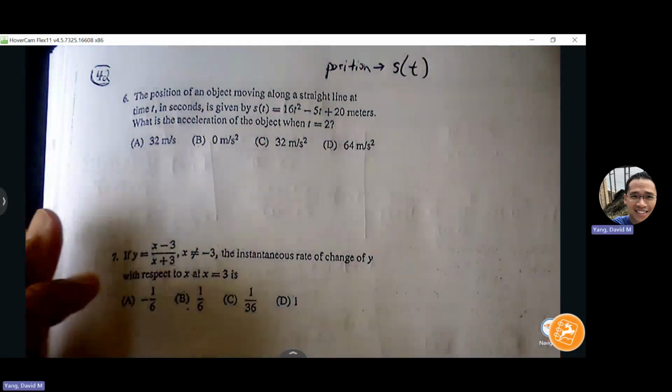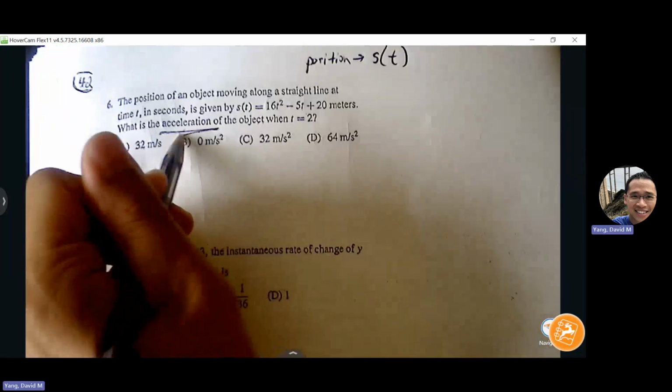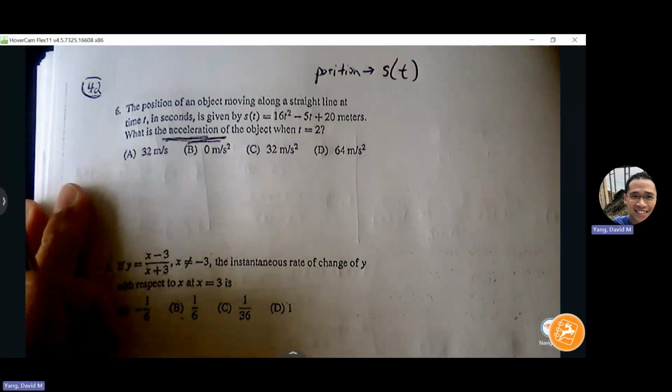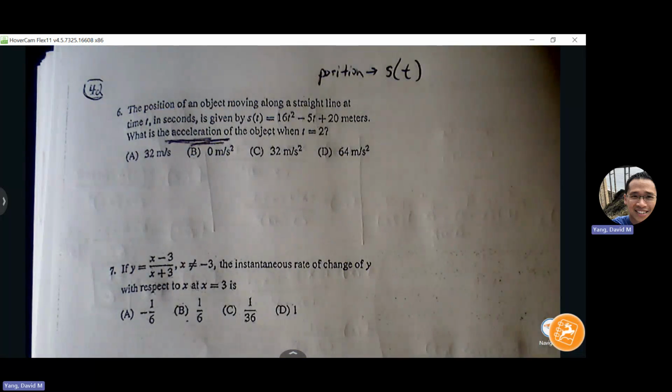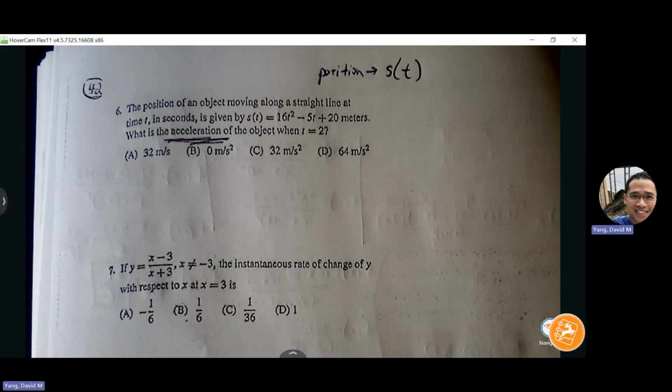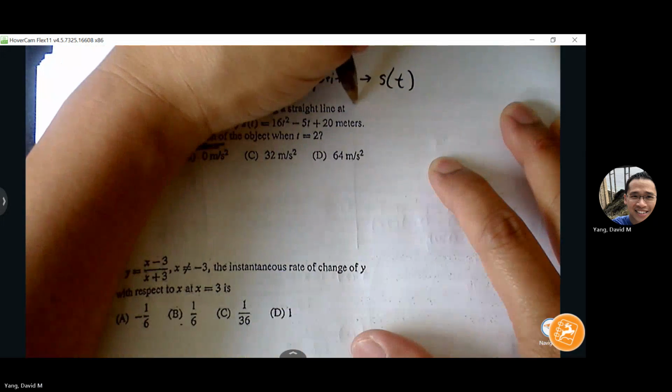How can I make my way down to the acceleration function? There are those functions we learned. Yeah, position's first derivative will take you to velocity, and the velocity's derivative will take me to acceleration. Right, so second derivative.